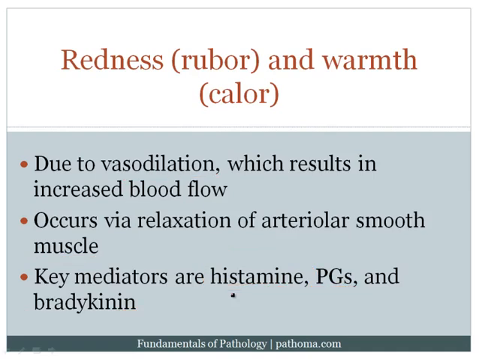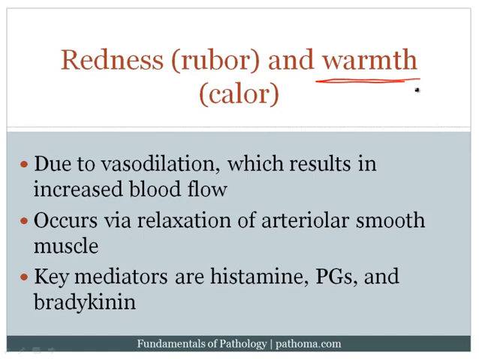Now, in the same way, we get warmth. It's the exact same mechanism. Because what is warmth? Warmth is basically an increased amount of warm blood within that particular area of tissue. That's what makes it warm. There's an increased amount of blood, and the blood is actually warm. So why would we get the warmth? How would that occur?